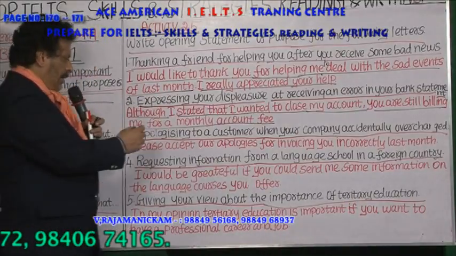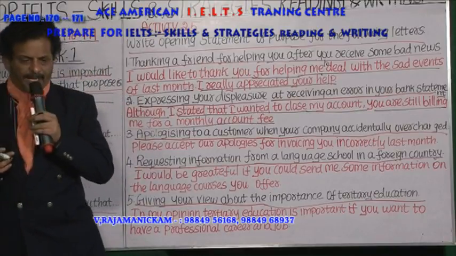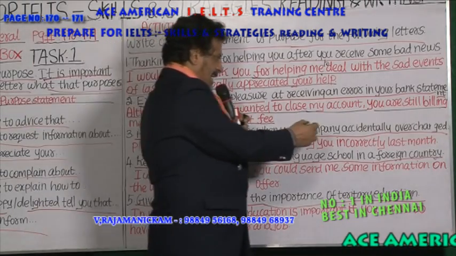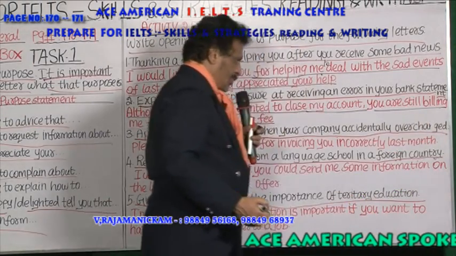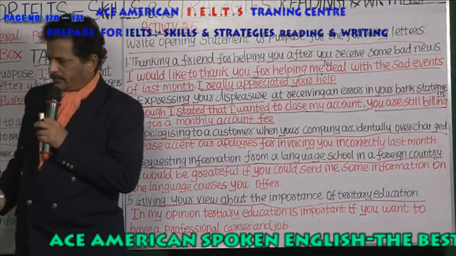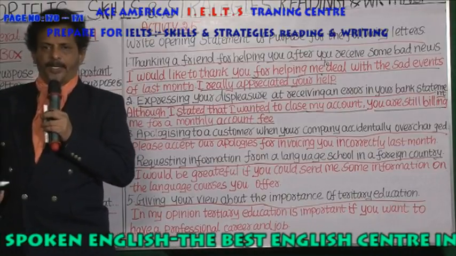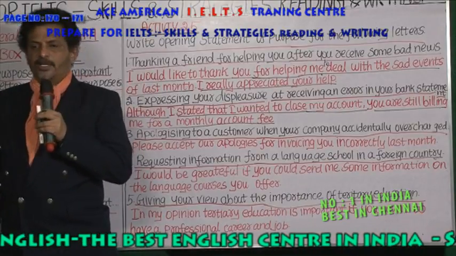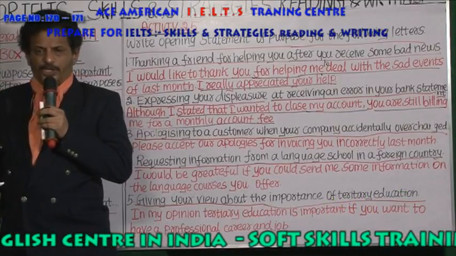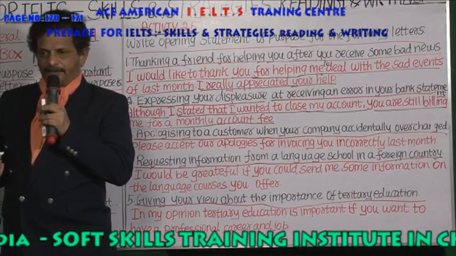Next, you are apologizing, saying sorry to a customer when your company accidentally overcharged. What do you mean by that? See, one customer comes to your company, he purchases a cell phone which costs 5,000 rupees, but your company accountant puts it as 6,000 rupees, he collects the money.